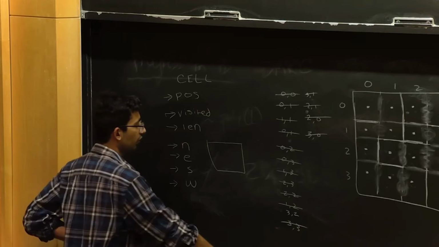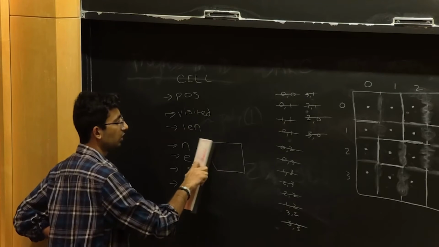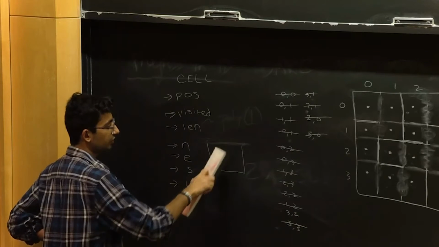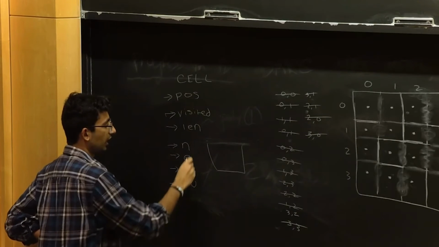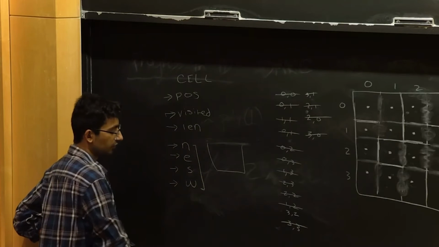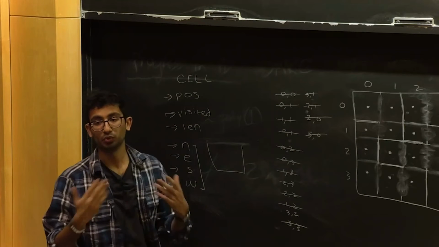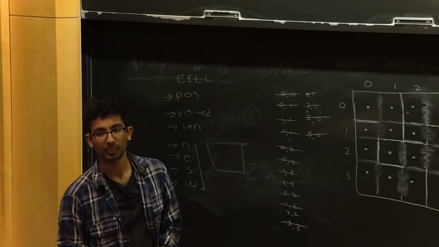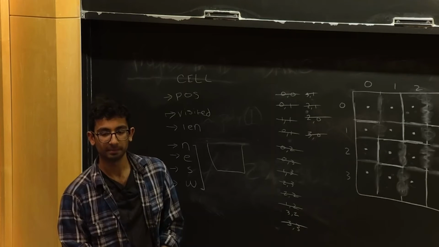But maybe if we want to remove a cell's north wall, then we just don't draw the line that would constitute that north wall. And we can tell whether or not a cell has a north wall using these 4 attributes. Maybe they're just like Boolean variables that tell us whether or not that wall exists. Is that idea okay with everyone?